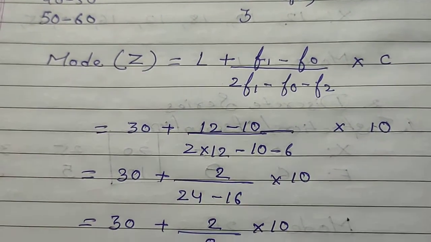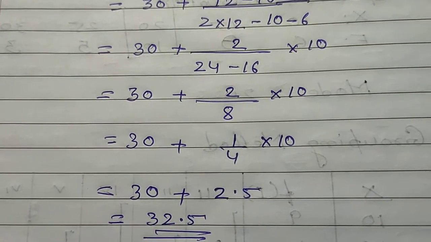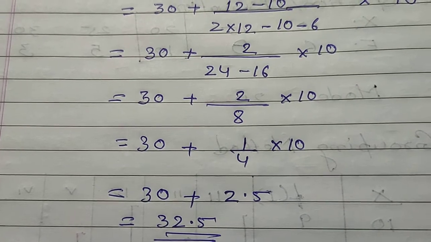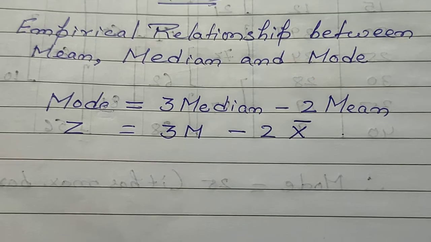By calculating it, we get the mode value 32.5. So this is the way to find the mode in case of continuous series.